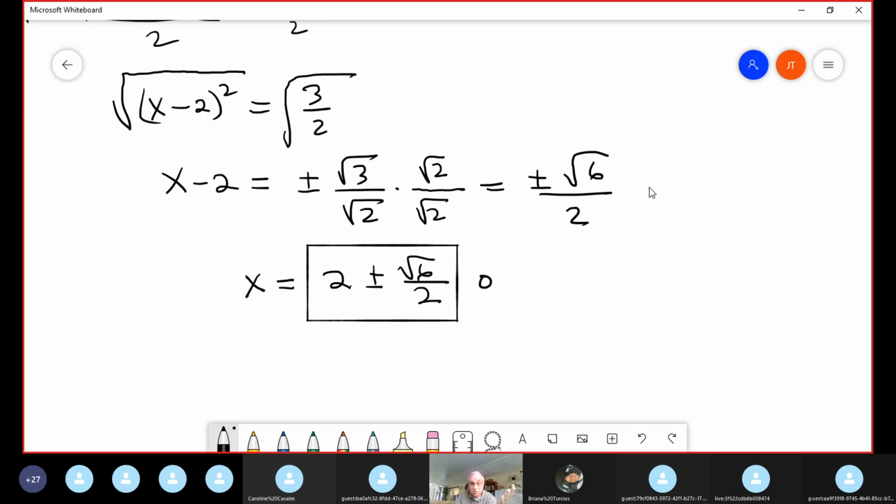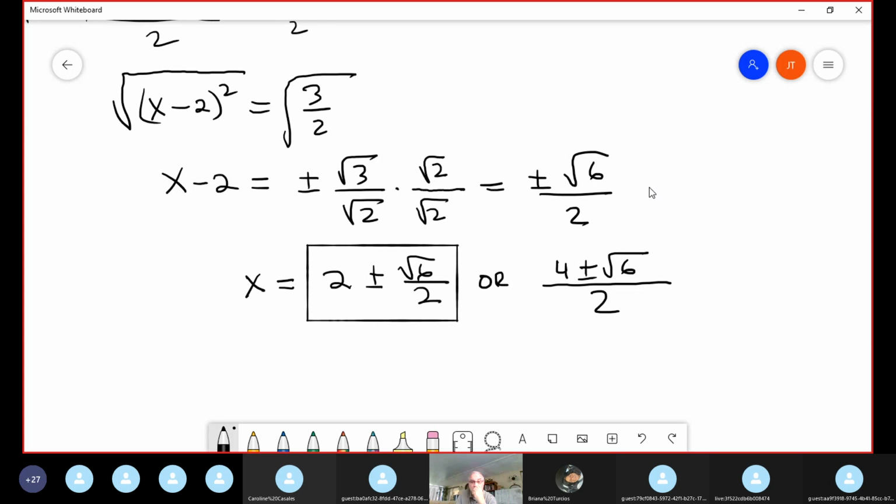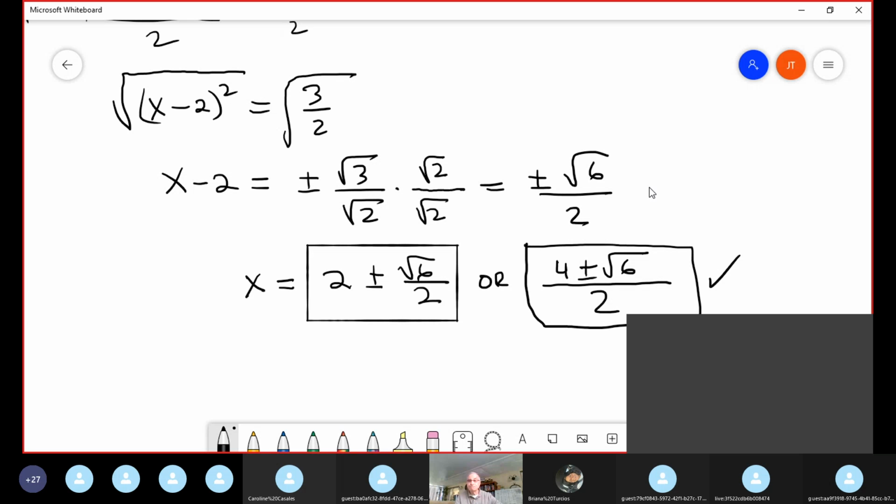If you, for example, condense it in only one common denominator, which is 2, it is 4 plus or minus radical 6 over 2. It's equivalent either way. I don't know why I like this, but this is perfect. Okay? Super.